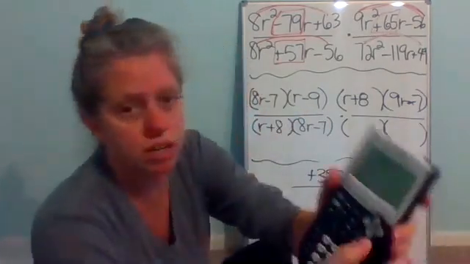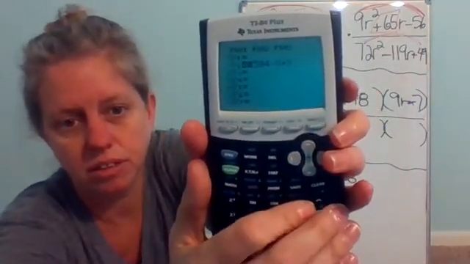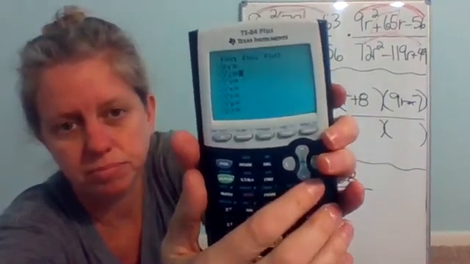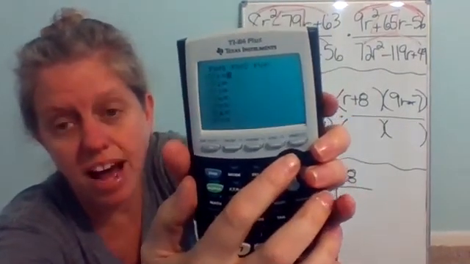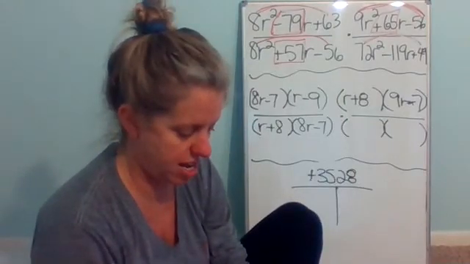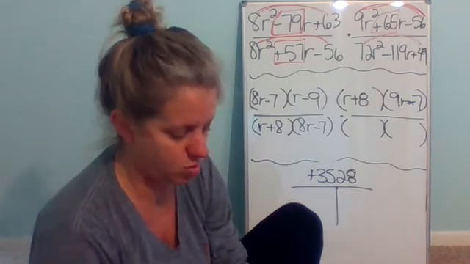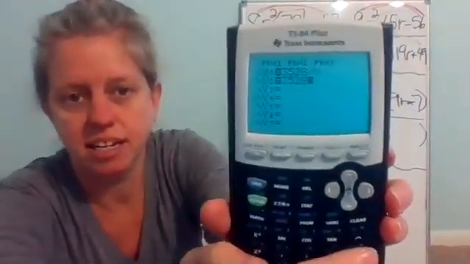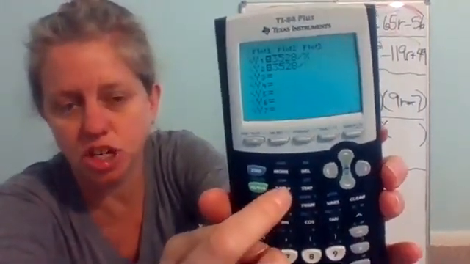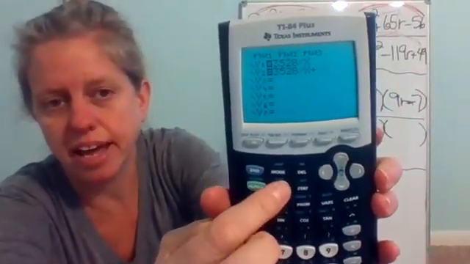So go to your y equals and clear it back out. 3528 divided by x. 3528 divided by x. And 3528 again divided by, there's your x button. And then throw in the plus x button.